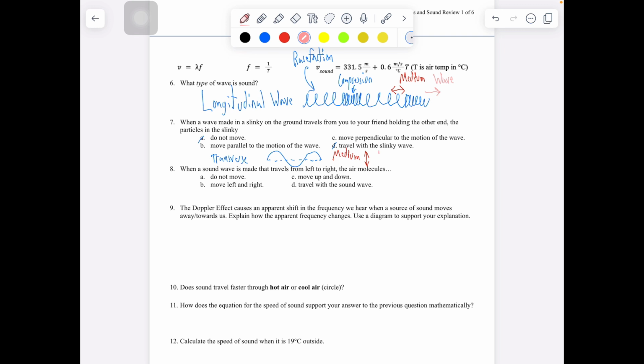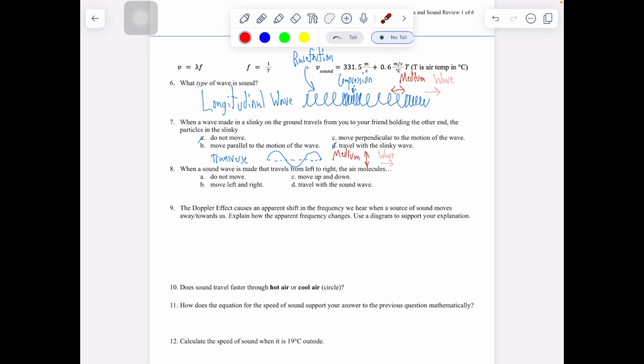So again, if our wave is moving to the right for a transverse wave, the medium, whatever the wave is traveling through, is oscillating up and down, perpendicular to the direction the wave moves. For a longitudinal wave, the one we have right over here, the medium is oscillating parallel to the direction the wave is moving. If the wave is moving to the right, medium is moving left and right.